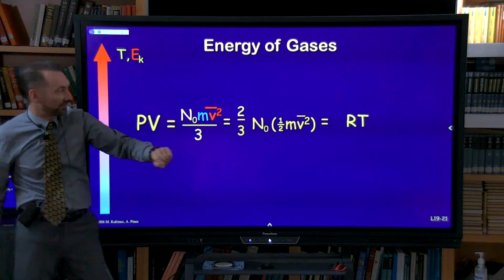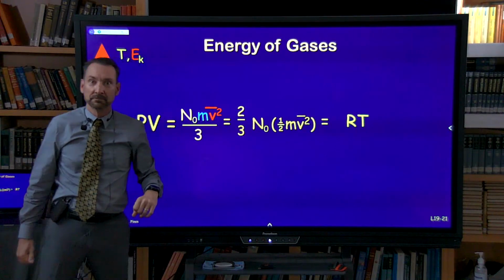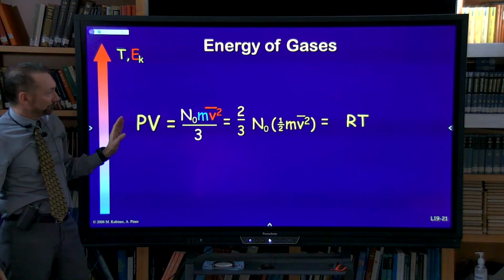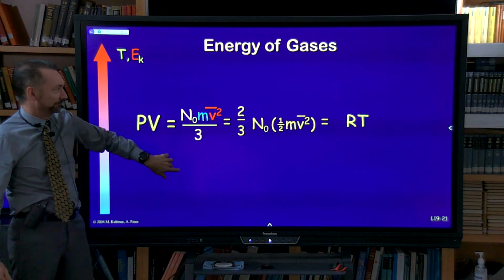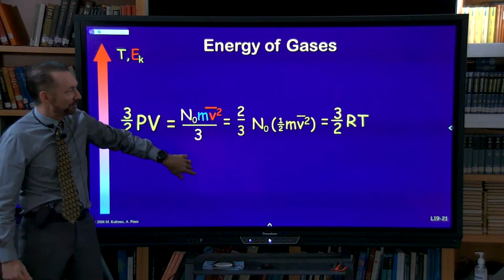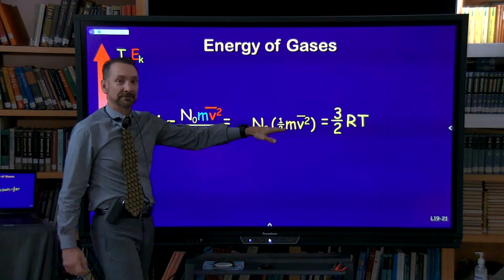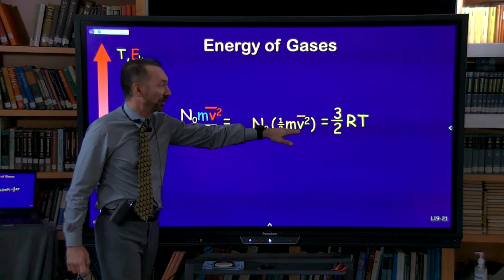Just we're talking about a mole of gas, 1 mole, N0 particles of gas. But now I don't like that 2/3. I'm going to multiply the whole thing by 3/2. And now I just have the molar energy.